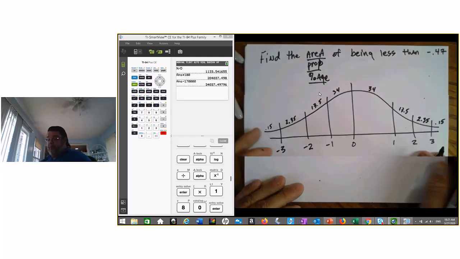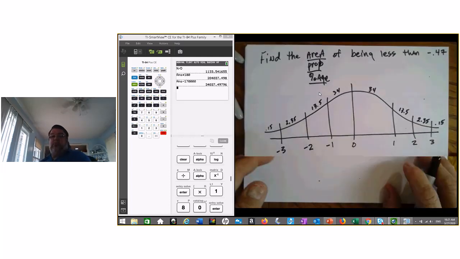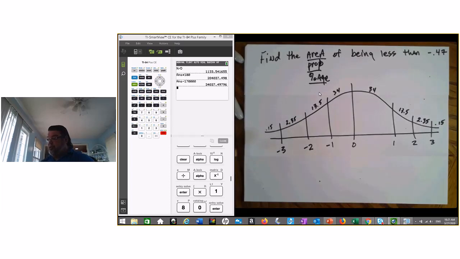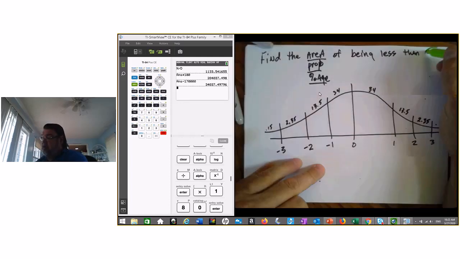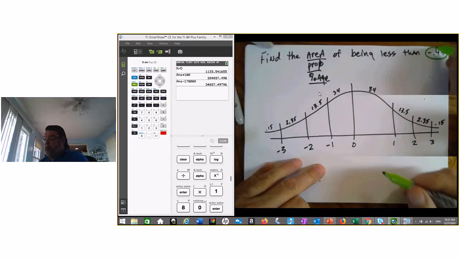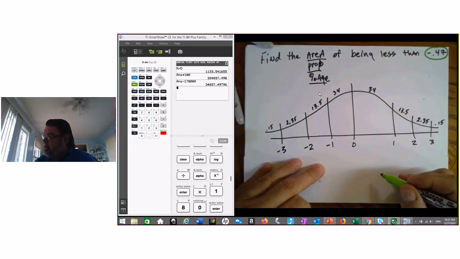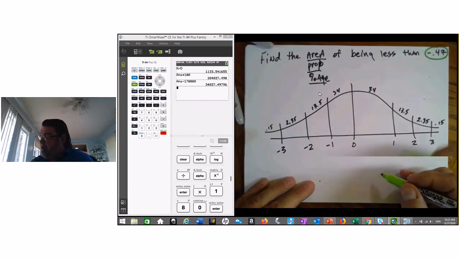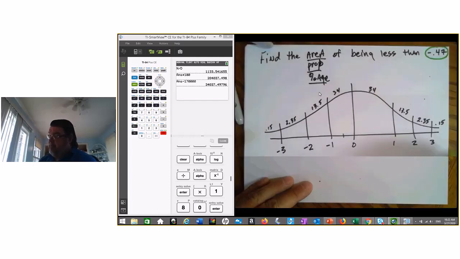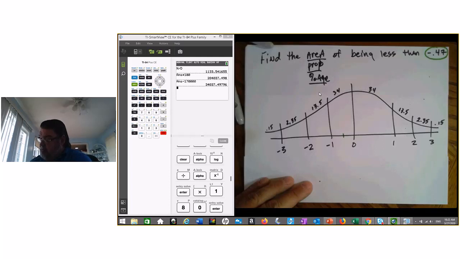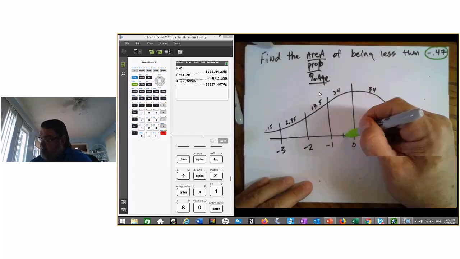Now, this one gives us a z-score because it's two digits up there, and it says negative. So I'm going to circle this negative 0.47 in green, meaning I'm going to plot it in green. Negative 0.47, there's negative 0.5, so negative 0.47 would be right here.